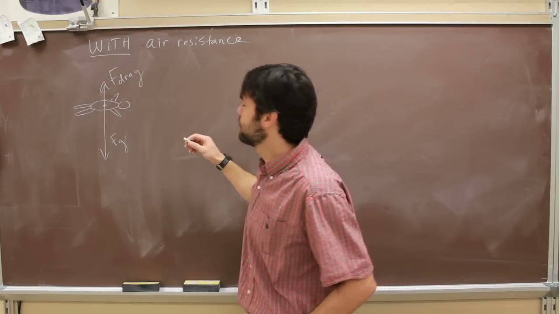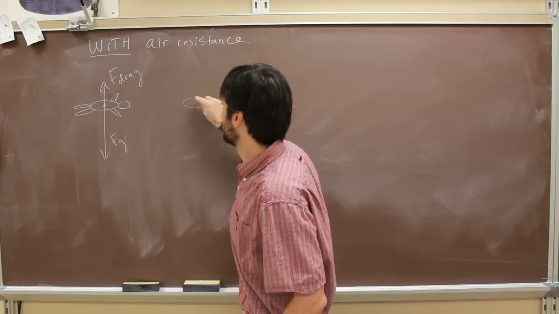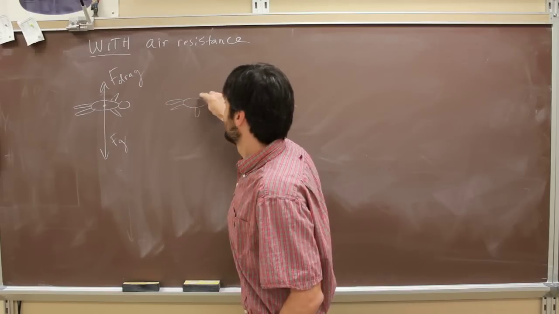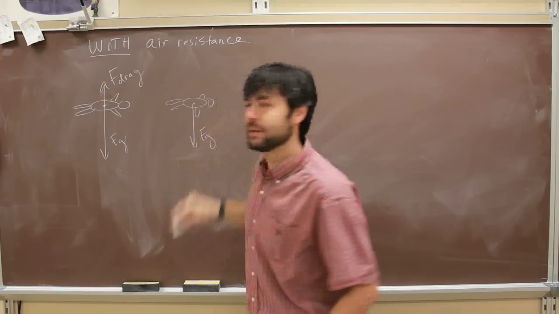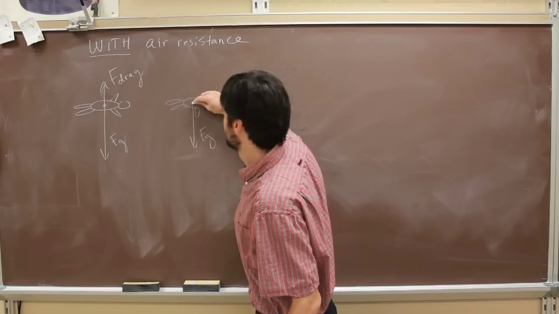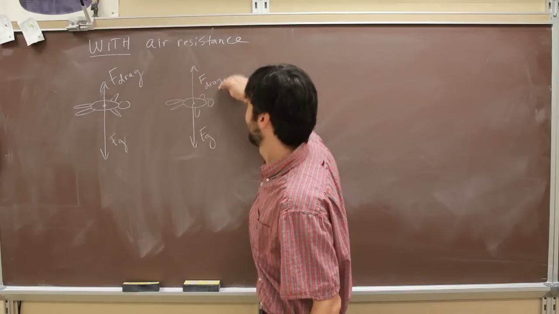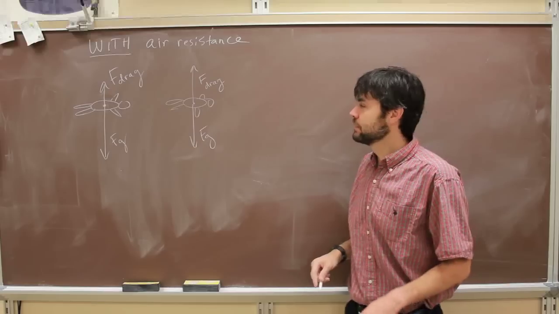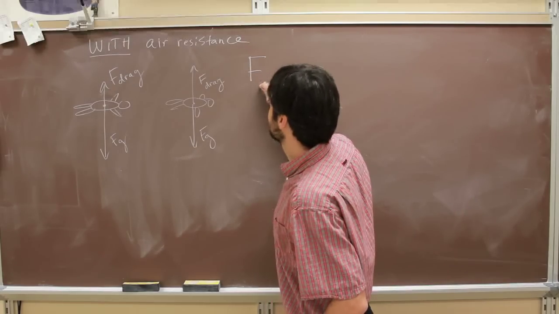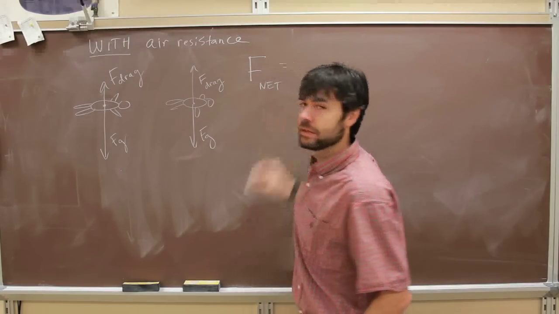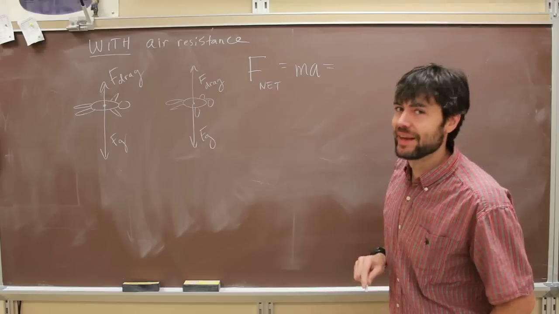Well, you can see that eventually what's going to happen is that the drag force is going to get so large that it becomes equal to the force of gravity. And at that point, the acceleration becomes 0. There's a name for this. It's called terminal velocity.